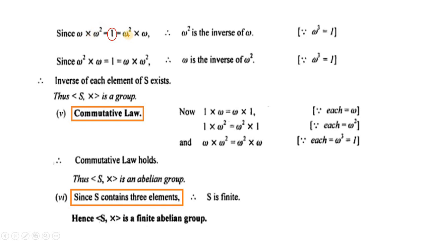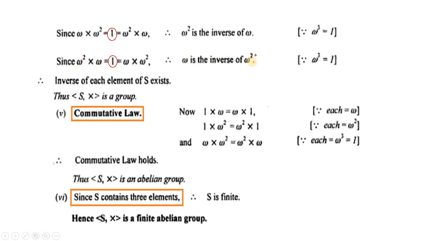This property can also be written as omega square into omega is equal to 1. This one is our multiplicative identity. तो इन दोनों का ज़रब आइडेंटिटी आता है, लिहाजा ये दोनों एलिमेंट आपस में क्या है? They are multiplicative inverses of each other.